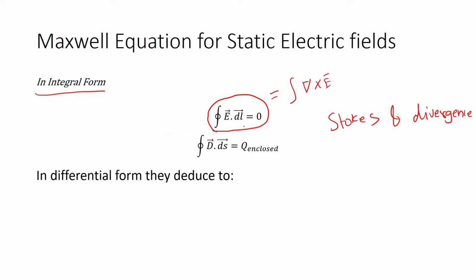But because this is equal to 0, this integral is also equal to 0. Therefore, since this is universal for all possible surfaces, del cross E bar should be equal to 0. We have already seen this while discussing electrostatics. Del cross E bar is equal to 0, and such an E bar is called an irrotational vector.